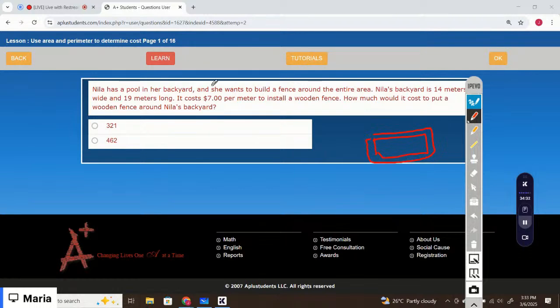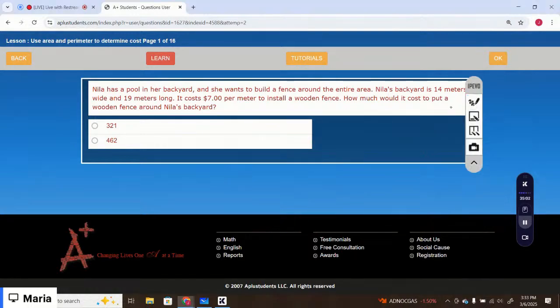So calculate the perimeter: 19 plus 19 plus 14 plus 14, and that makes 66. That is 66 times 7, because per meter that is $7, so that is 462. Option number 2 is the correct option.